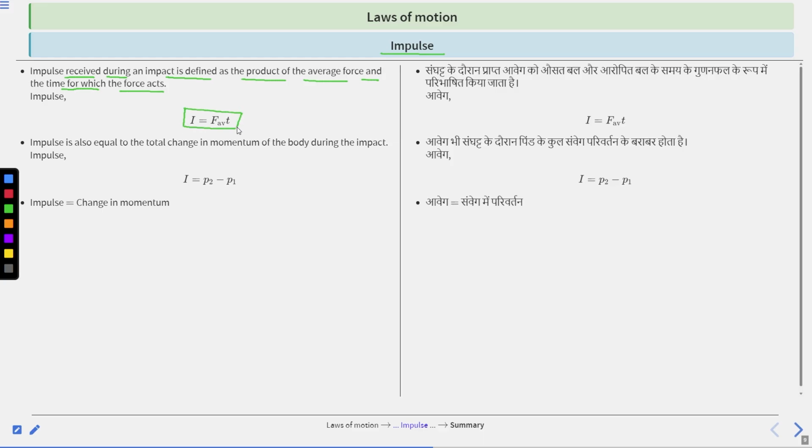This is the formula of impulse. Impulse is also equal to the total change in momentum of the body during the impact. Clear? So impulse is change in momentum.